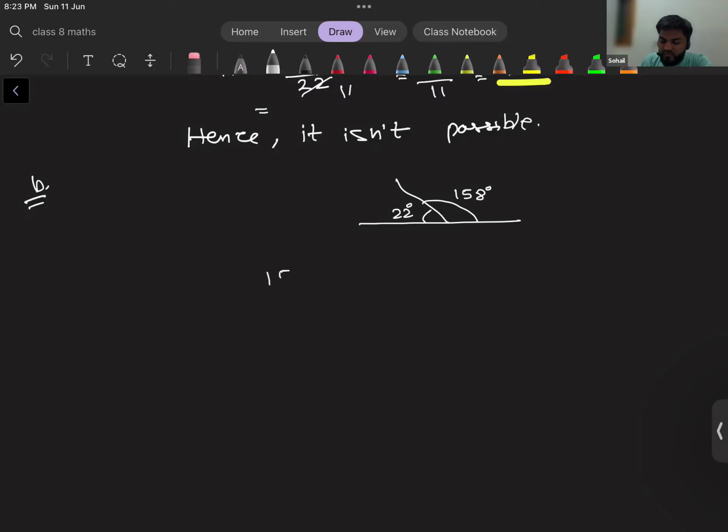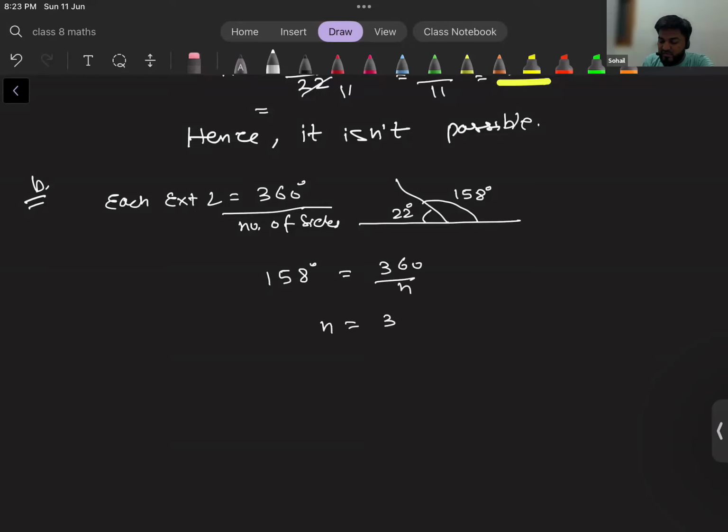So if I put this in the formula, what was the formula? Each exterior angle equals 360 degrees upon the number of sides of the polygon. If you get the value of n as a proper whole number, then it will be possible. So 158 equals 360 upon n.